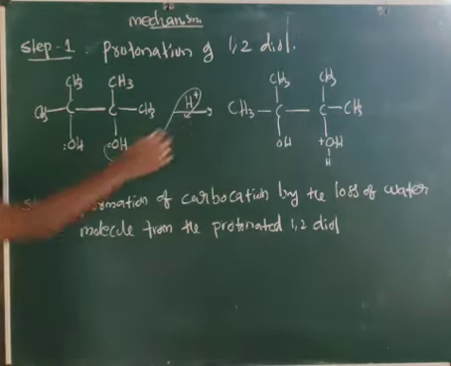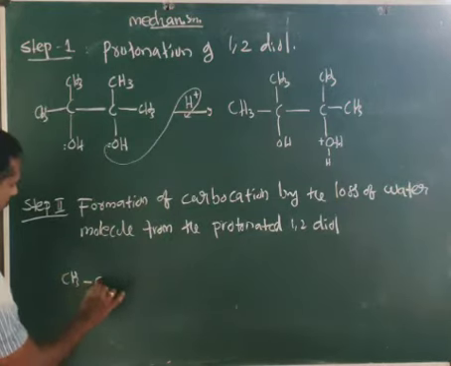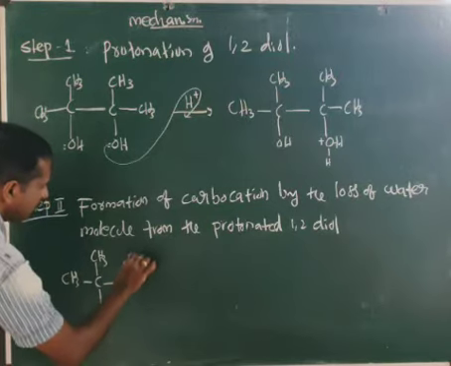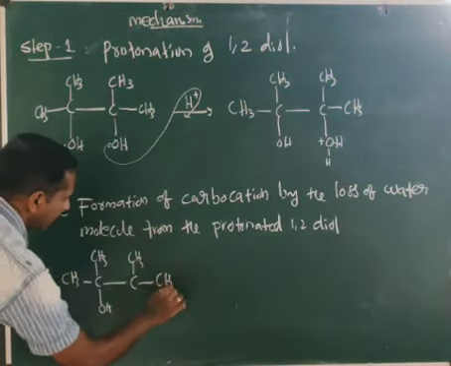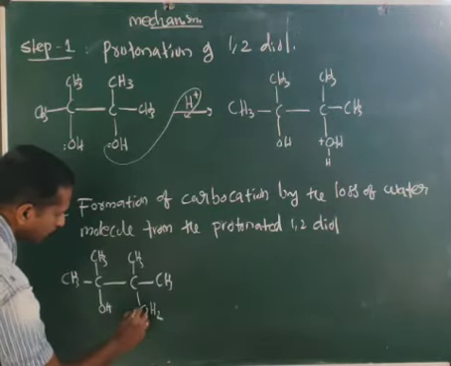So again I am writing the same structure here. You can see CH3, C, here it is CH3, here it is OH, and here it is CH3, here it is CH3, and here it will become OH2 with a positive charge.